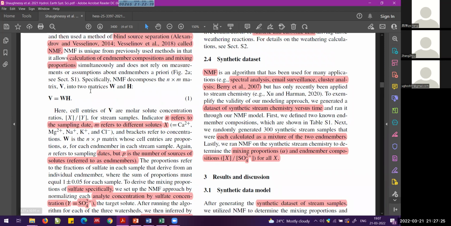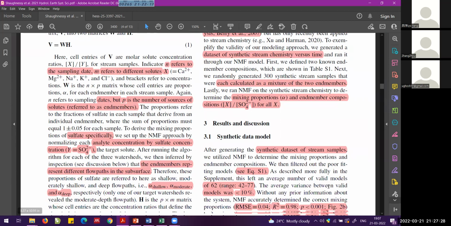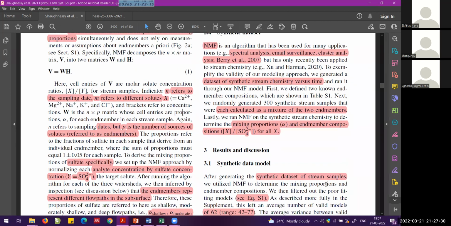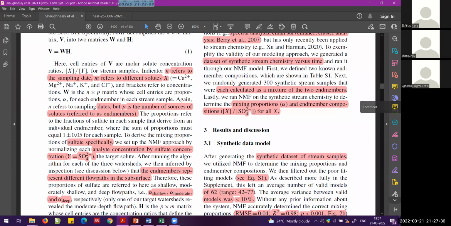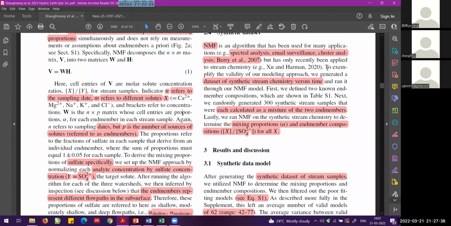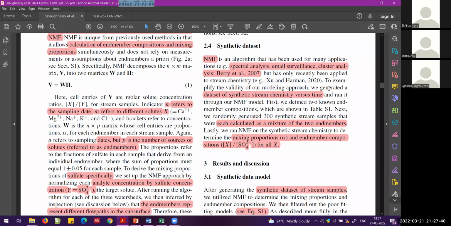So using that, what they have done is, initially they have given the values, like here if we see. Just a second.